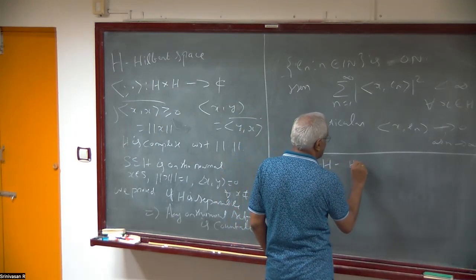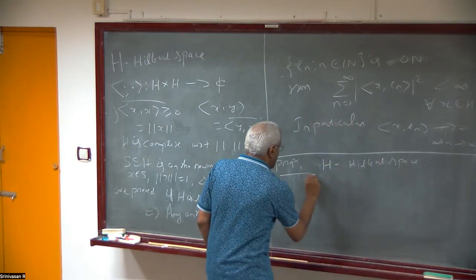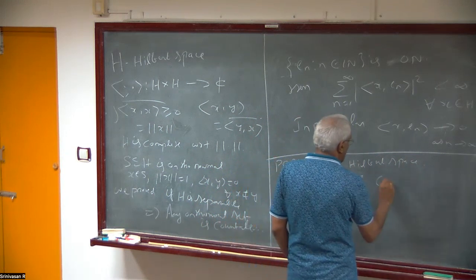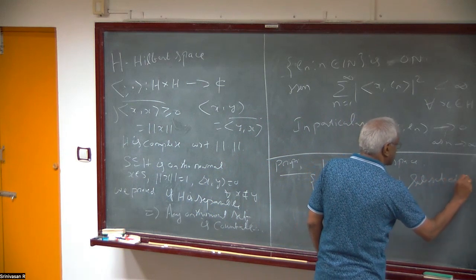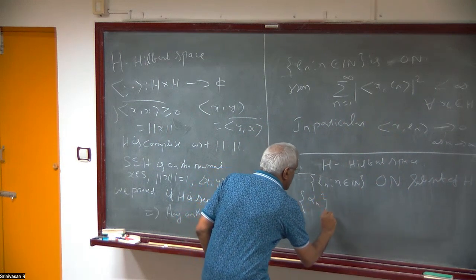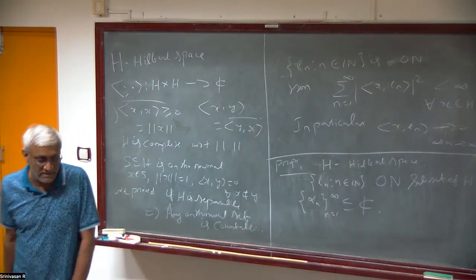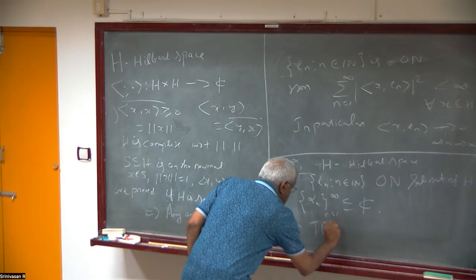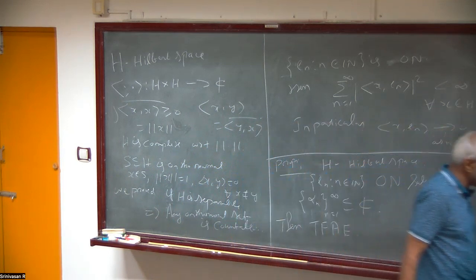Okay, so H is a Hilbert space, and we have an orthonormal sequence e_n, and we also have some sequence of complex numbers alpha_n. Then the following statements are equivalent.